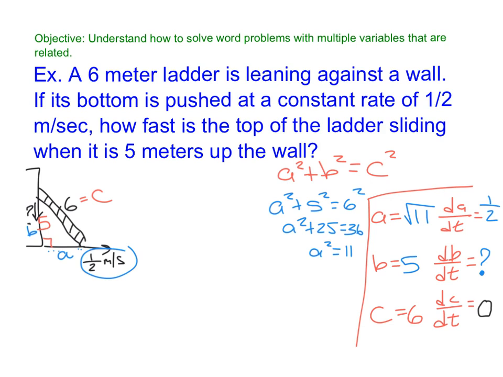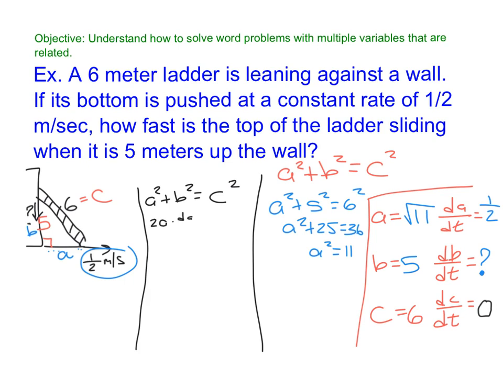We have our little chart filled out. So now we're going to take our derivative. I have a squared plus b squared equals c squared. Use implicit differentiation and find the derivative. Derivative of a squared is 2a dA dt. This is not going to work out for me.